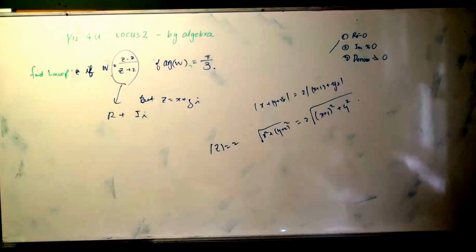Left square will be z plus w square, minus right square, and you will see if it's positive or negative. Now you can expand this one, x square plus y square.